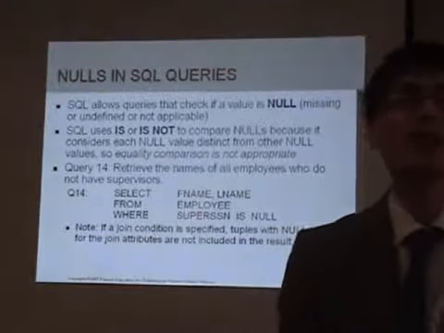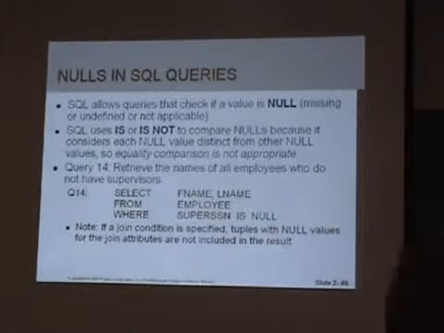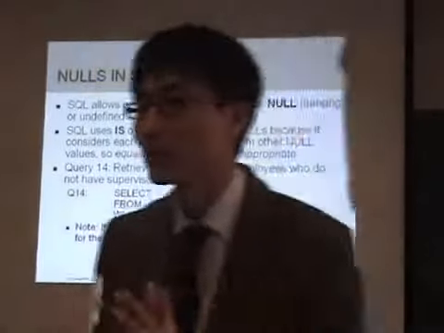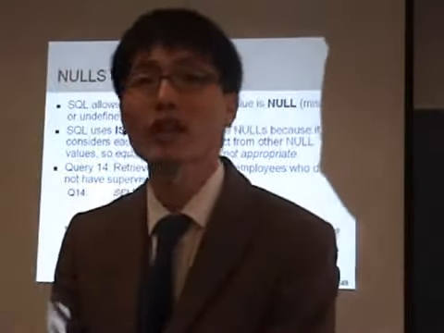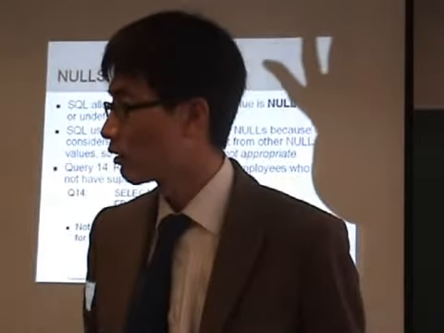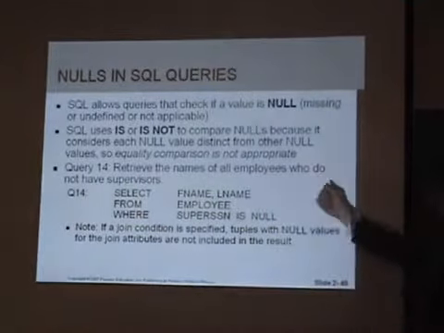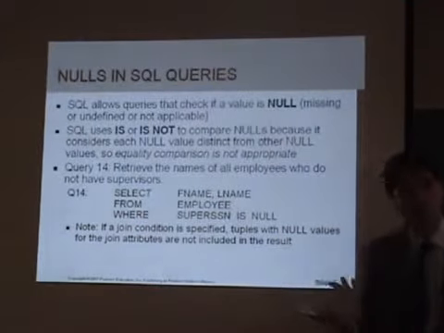What about null? The relational model has a not null constraint. What does null mean? It doesn't exist, which means we cannot compare such data. Then how can we check null or not? For example, I'd like to retrieve the name of all employees who do not have a supervisor.